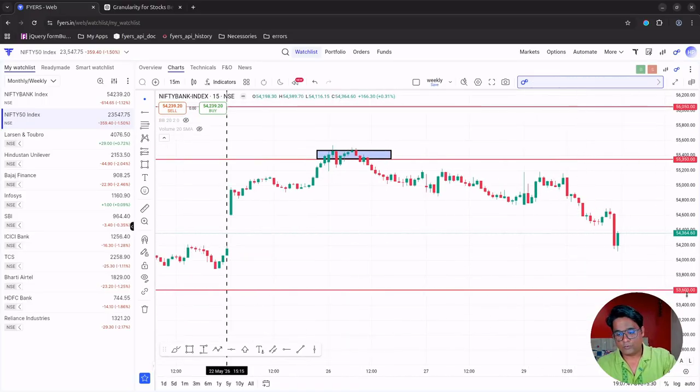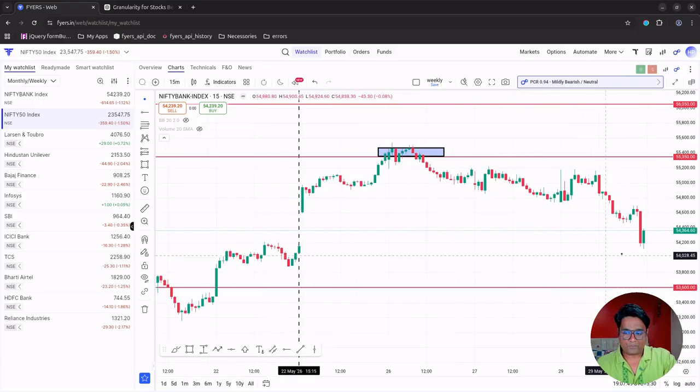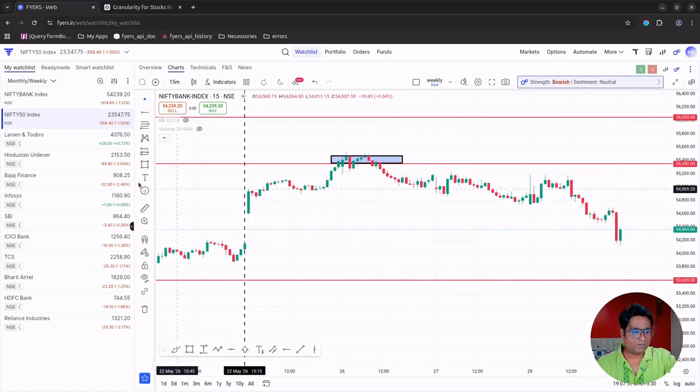It was moving towards 53,600, but the momentum was not enough to reach this target in a single week. That's why the market closed somewhere in between, at 54,364. This was for Bank Nifty.